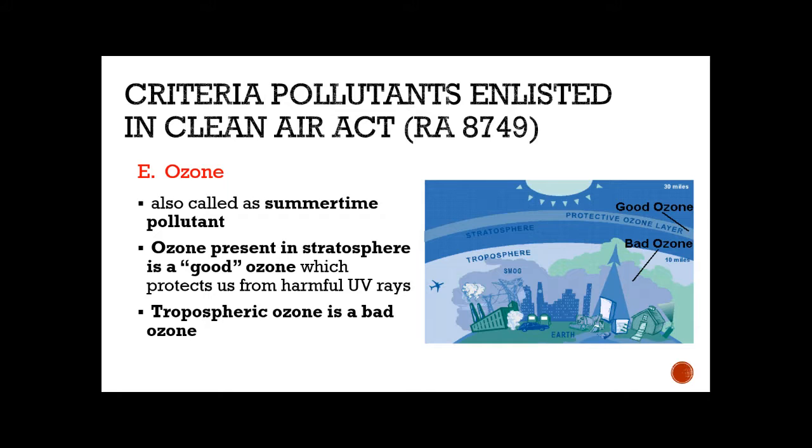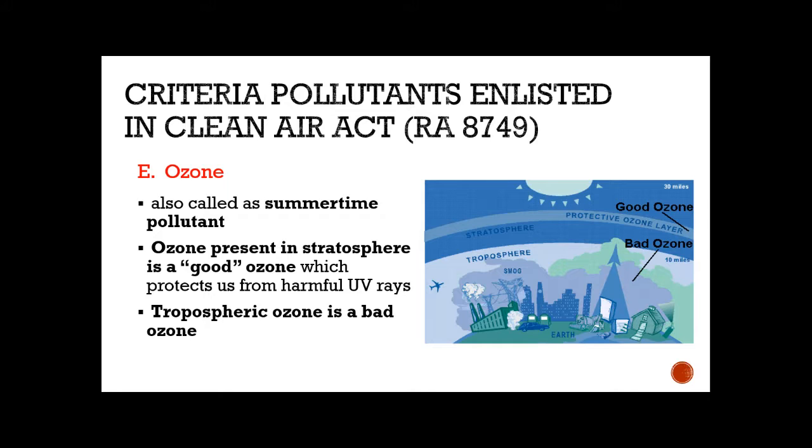However, we have known that this ozone is only maintained at a very thin layer. Now, the moment you have it thicker, this would be leading to the formation of bad ozone, which is also called the tropospheric ozone. So if the ozone is near us, near the humans, or at the lower part of the atmosphere, that's what we call tropospheric ozone, or classified as a bad ozone.